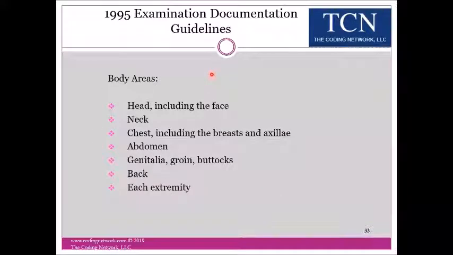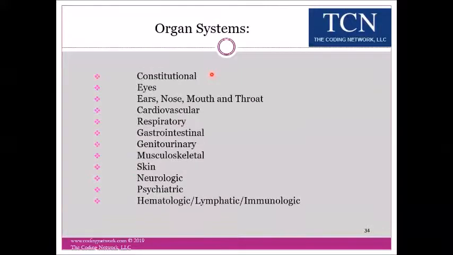They've defined what they feel is a body area, and then they've defined organ systems. Organ systems is anything from constitutional, which could be your vital signs documented or simply stating patient in no apparent distress. Keep in mind that with organ systems, eyes is separate from ENT.